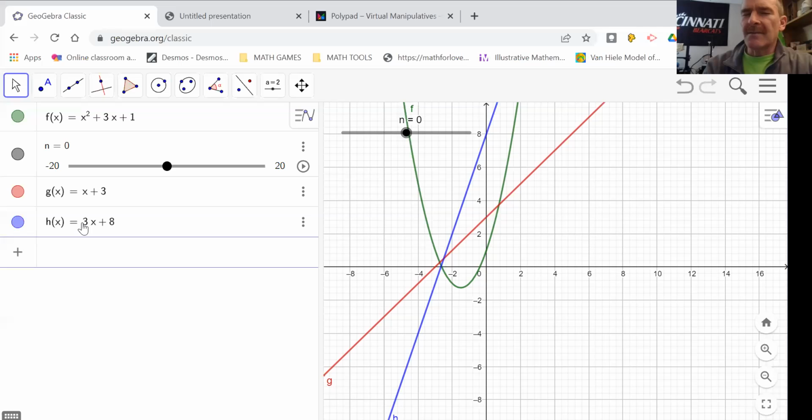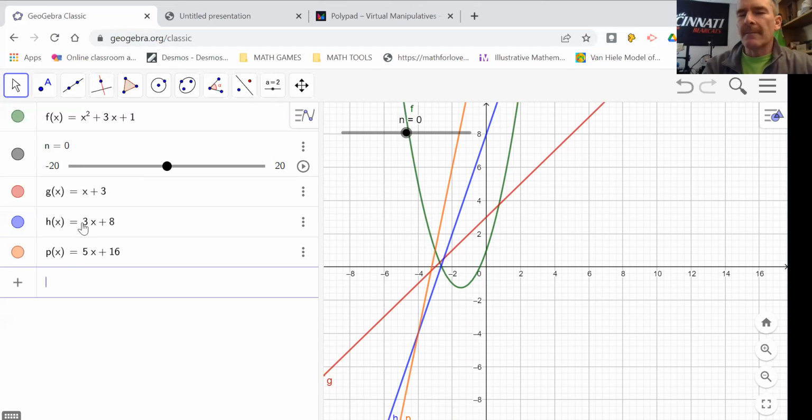I could also have added 5x plus 16, and I could have completed that square. So I'm starting to get these lines that have a pleasing shape. It's starting out to be maybe an envelope, but I'm really not sure.